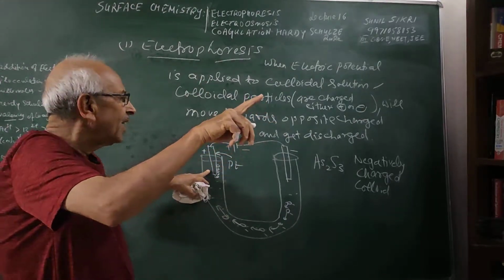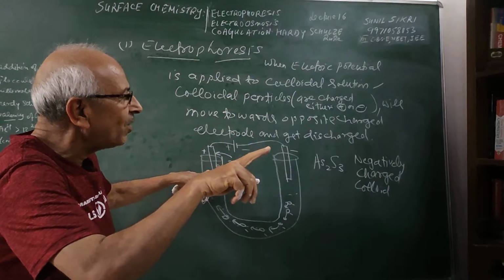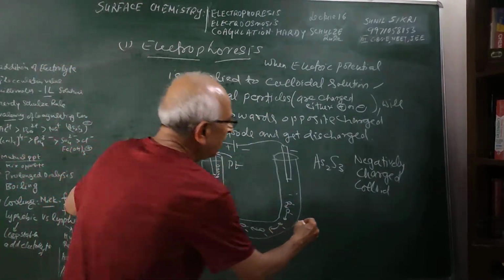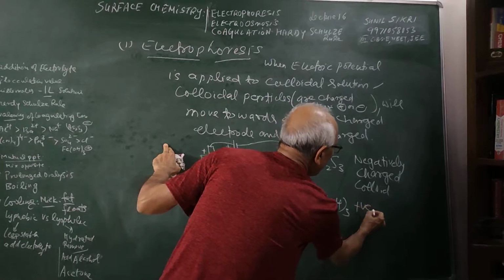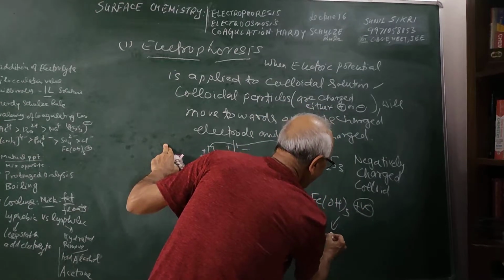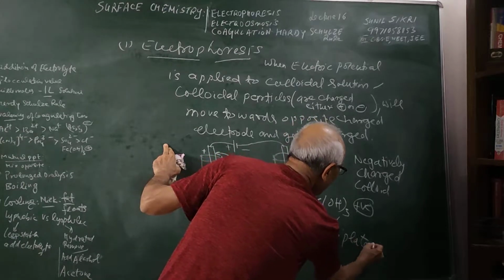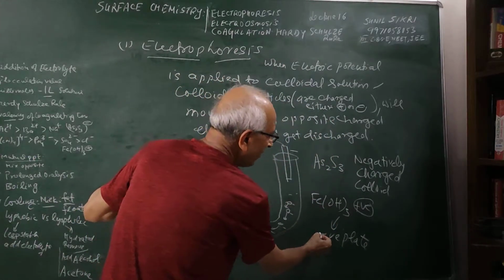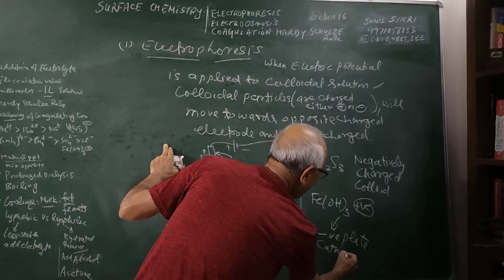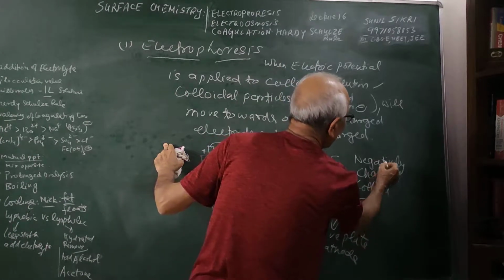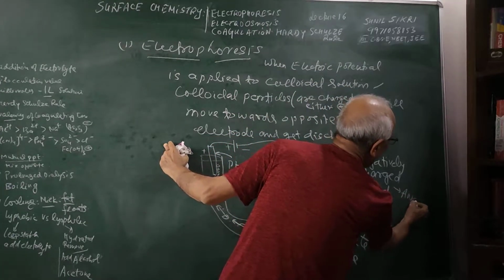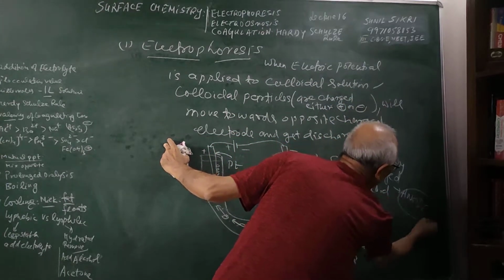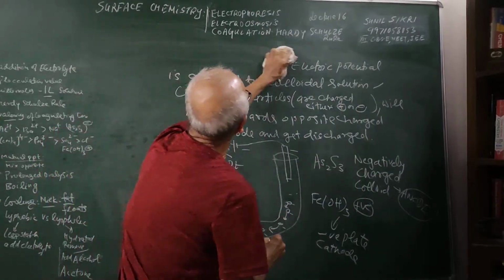If I take a positively charged colloid like ferric hydroxide, it is positive, so it will move towards the negative plate, which is my cathode, and get discharged. So this is my electrophoresis.